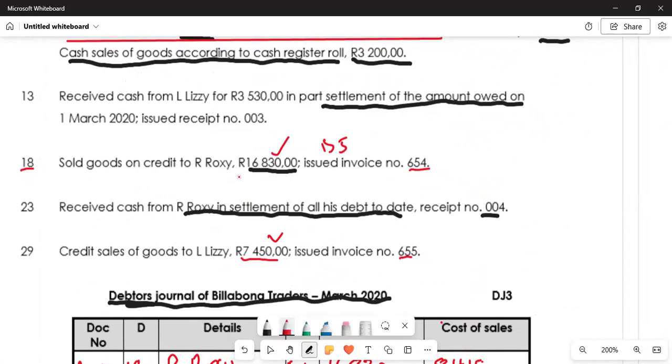Now we are talking about the debtors journal, which is this one. We sold goods on credit to Roxy, amount 16,830. So it means now we are going to record that under Roxy, on the debit side, because we are still owed by Roxy as a business. Let's quickly record it.